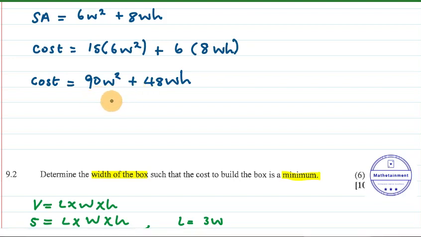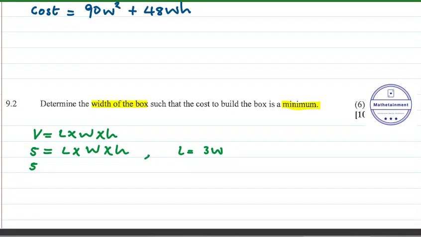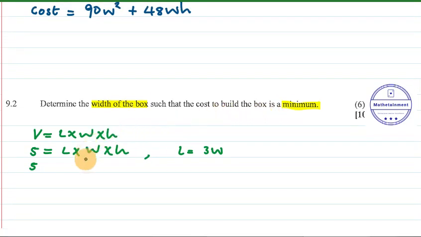But the problem is that when we differentiate this one, it will make things much more complicated for us because we still have this H. So we have to eliminate this H. How do we eliminate the height such that we are left with the width only in this cost? By going back to the information that was given to us and checking whether there is a way that we can manipulate H and write H in terms of W. So this is what we are trying to do at the moment.